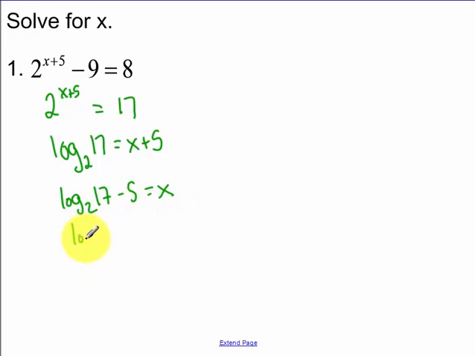Using the change of base formula, this approximates to -0.913.